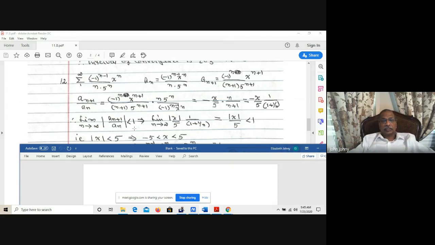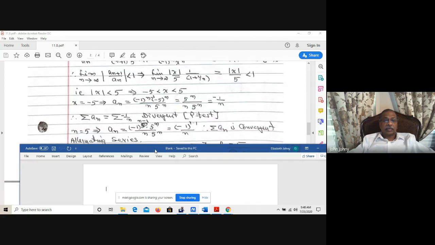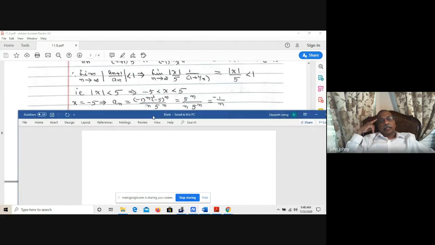Now you have to check whether the series is convergent when x is negative 5 and x is positive 5. x equal to negative 5 means a_n is equal to negative 1 to the power of n minus 1 times negative 5, since x is negative 5, to the power of n divided by n times 5 to the power of n.